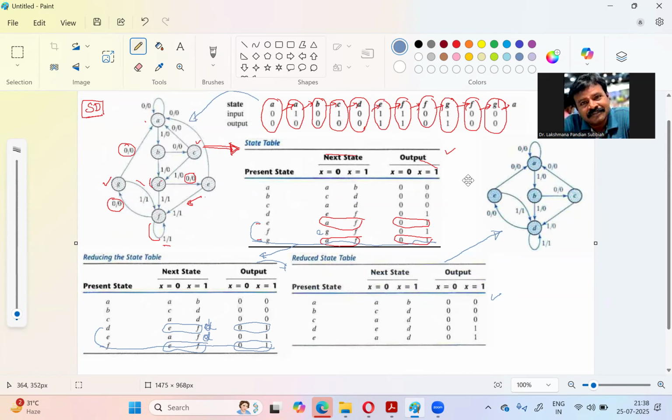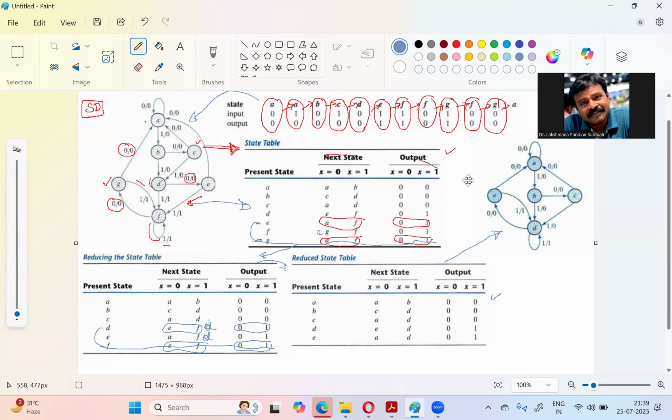Then from the state diagram, you have to find out the state table. In that state table, you look at what are the possible edges that can be merged together. For two states, if you are having the same next state for all input and the same output for all input, then we can merge these two states and we have to take one as a representative.